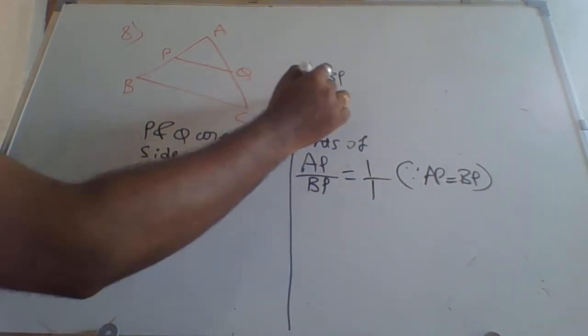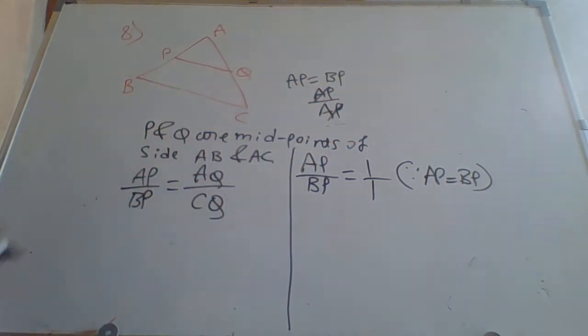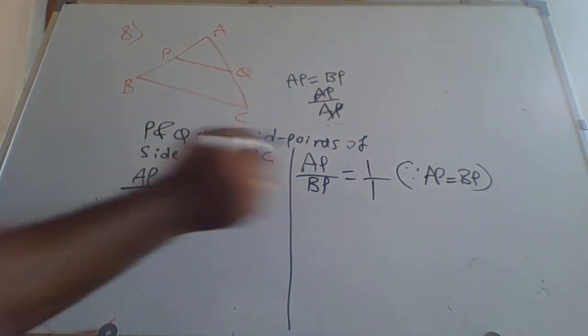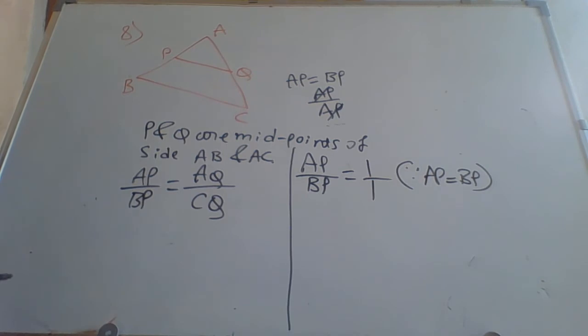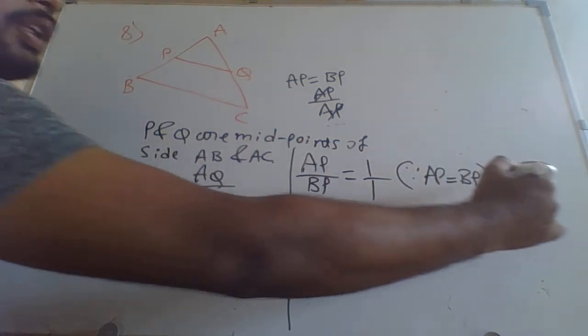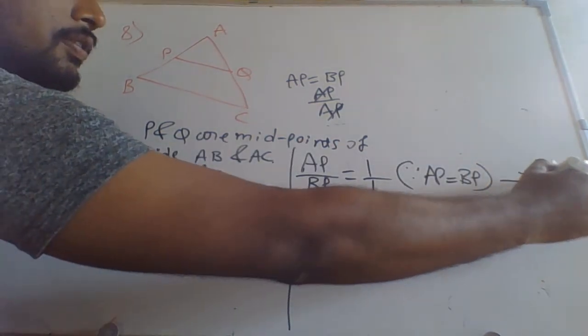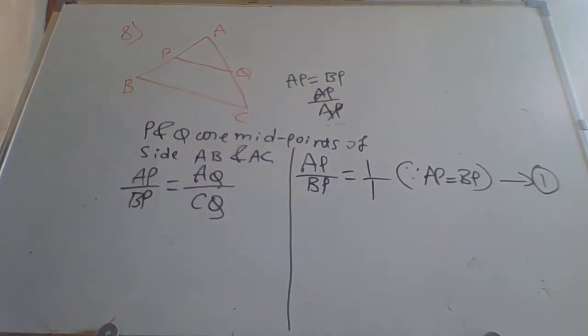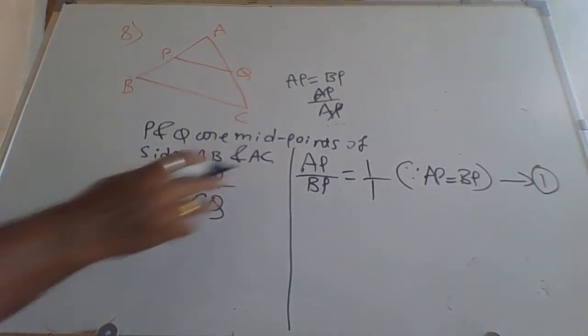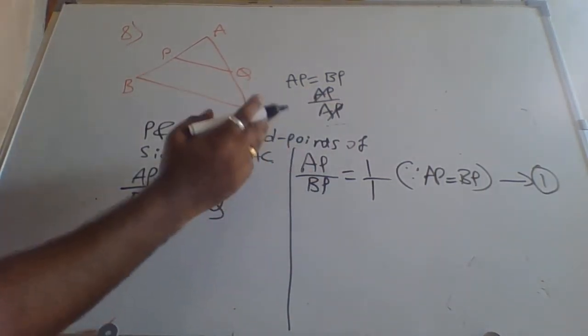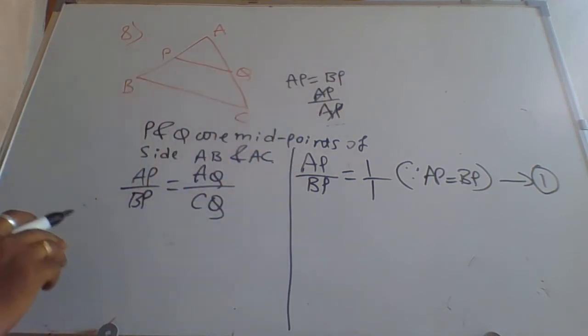Therefore, AP by AP means we can cancel AP and AP. What we will get? 1 by 1. So now I will consider this as 1, because AP by BP means AP by AP only, since AP is equal to BP. Therefore, we will get 1 by 1.